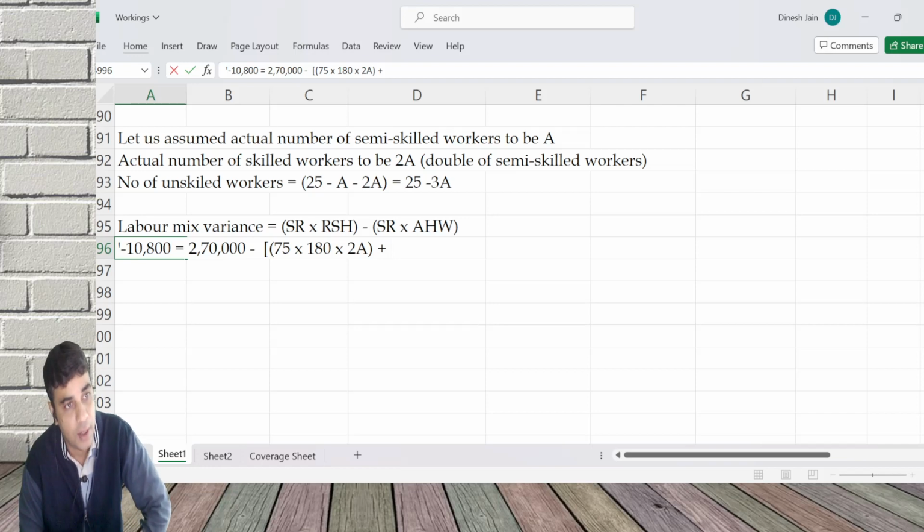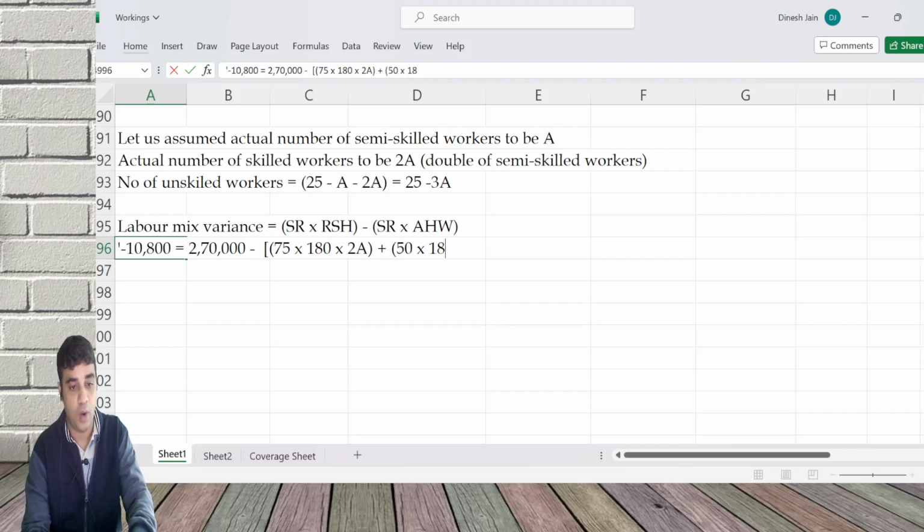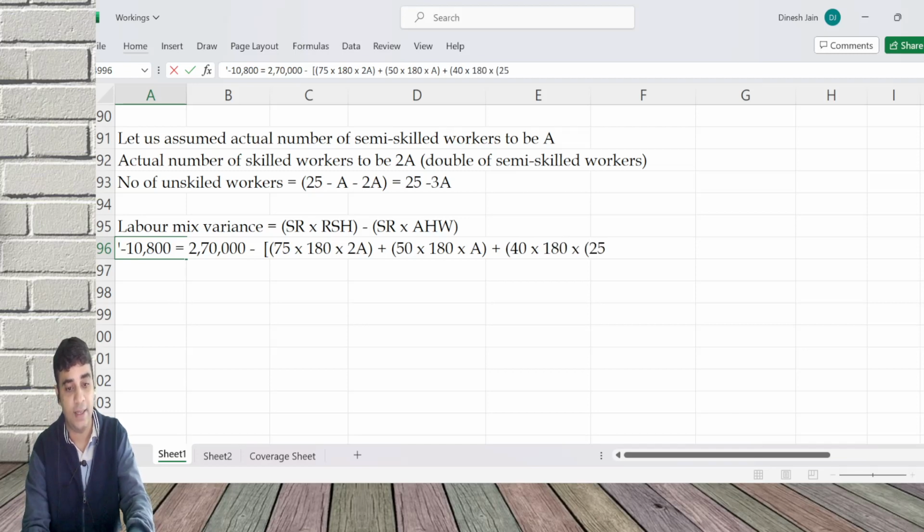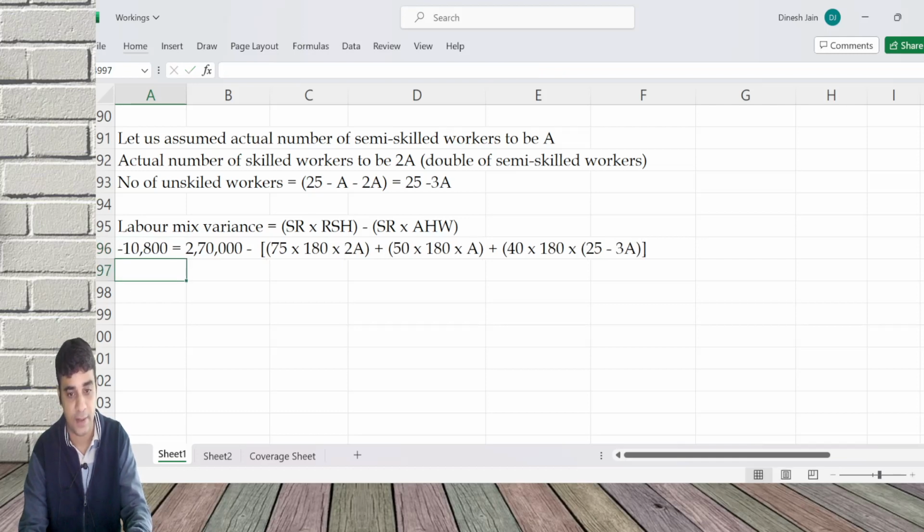Second worker, what is the rate? 50 into 180 into A. Third worker, 40 into 180 into 25 in bracket minus 3A. Now it's your job to simplify this and get me the answer to A.